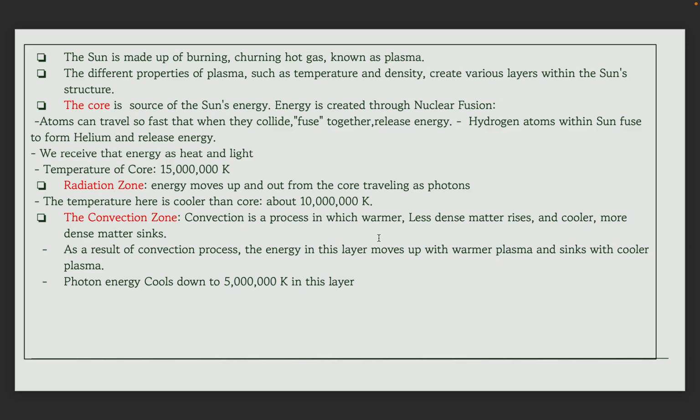Here the temperature is about 5 into 10 to the power 6 Kelvin. So at the different regions of the Sun's interior, the temperature and the density vary so much, and here you can see the temperature is gradually dropping from the core to the Sun's convection zone. About 10 to the power 10 Kelvin is the difference of the temperature, and also due to the temperature difference the density difference is also there.